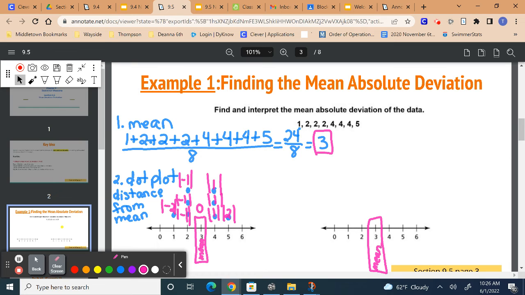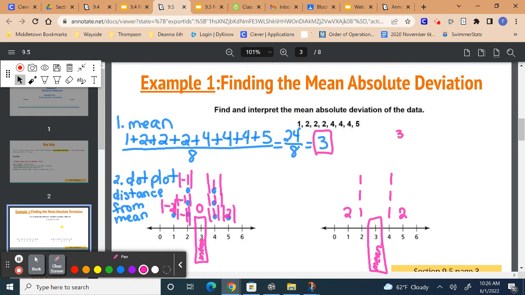We had 3 2s, but the absolute value of -1 is 1, and then we have 1 on 1, so it's 2 distances. This is the absolute value of -2, so this is 2. On 4, we have 3 dots, and they are absolute values of 1. And then the absolute value of 2 is 2.